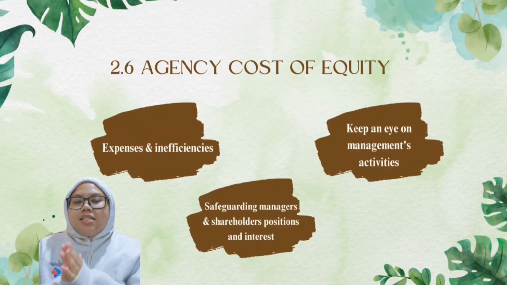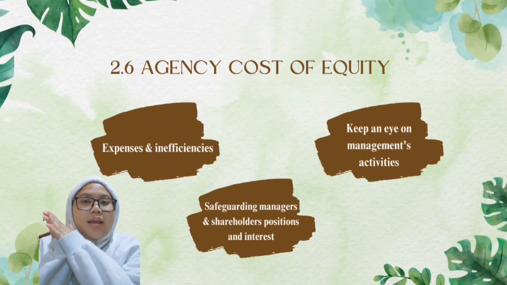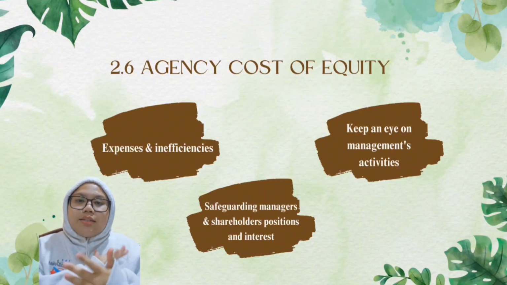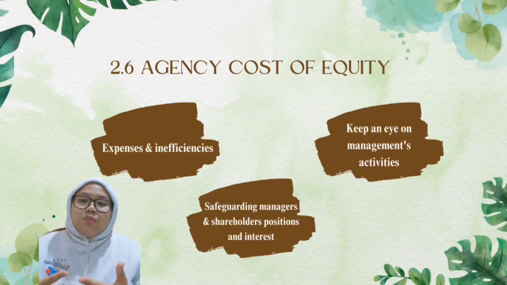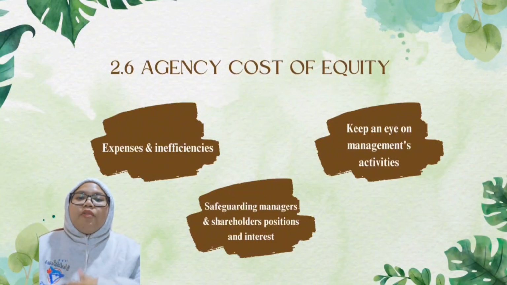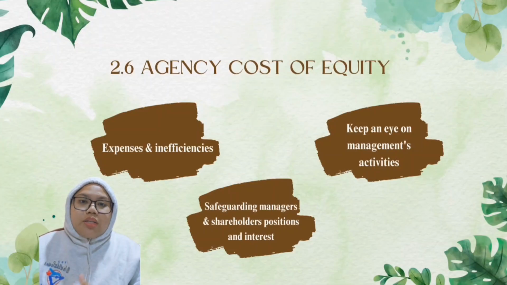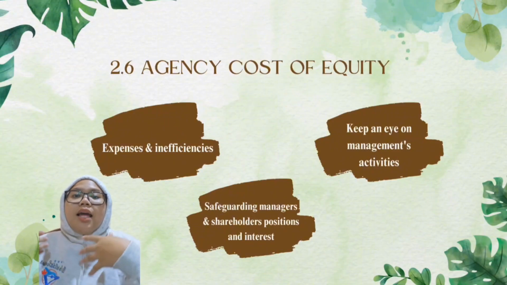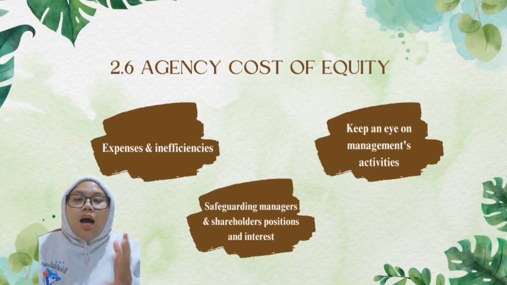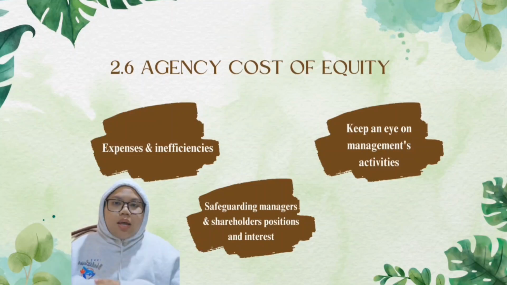Next is agency cost of equity. Conflicts between a company's managers and shareholders' interests give rise to the agency cost of equity. As owners, shareholders want to get the most out of their investment, but managers who are in charge of managing the business may have personal agendas that conflict with this purpose. These disputes result in expenses and inefficiencies that affect the company's overall worth.